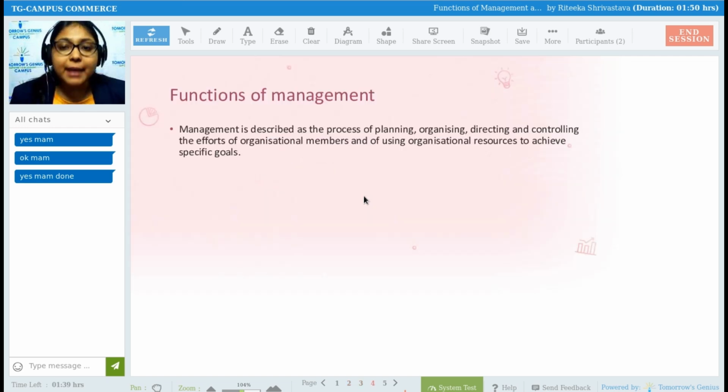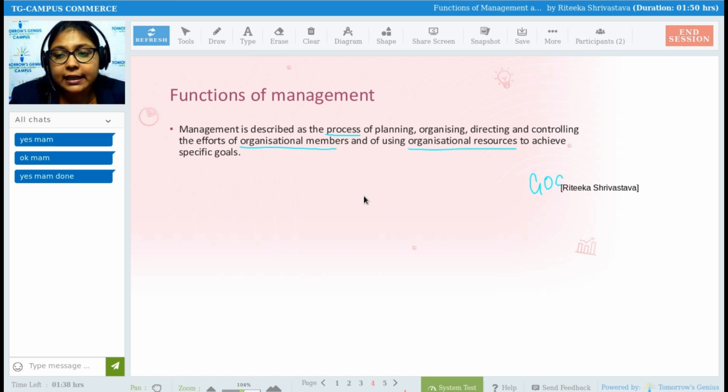So functions of management. They say management is described as the process of planning, organizing, directing, staffing, controlling the effort of organizational members, and of using organizational resources to achieve the specific goals.